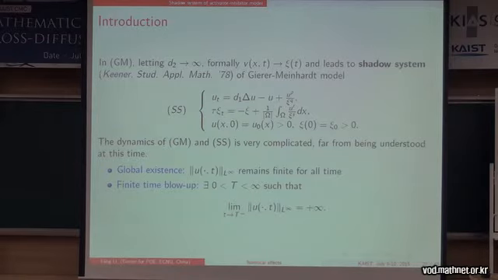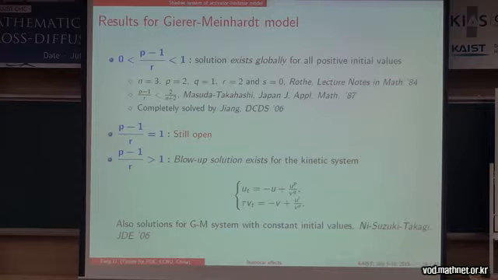I'll try to show some comparison. First, let's take a look at the results for the Gierer-Meinhardt model. There are two things we try to characterize. The first situation is when the ratio (p-1)/r is between 0 and 1, the solution exists globally for all positive initial values, so only global solutions here.